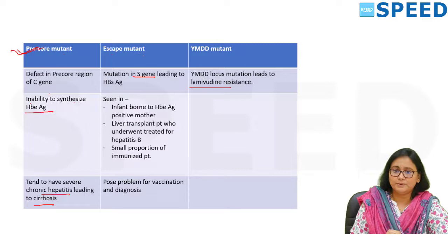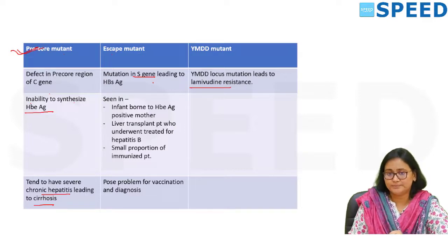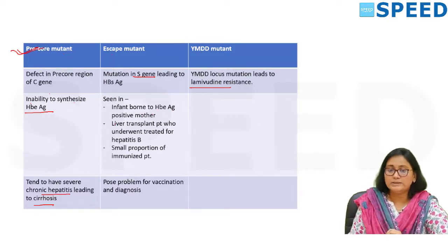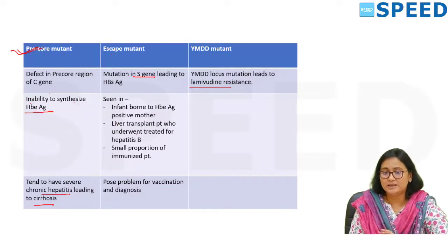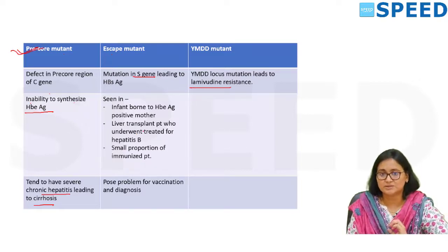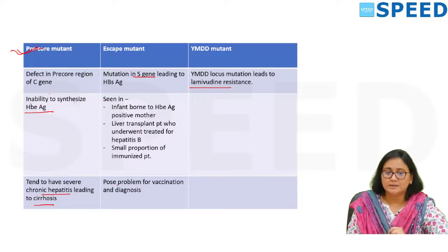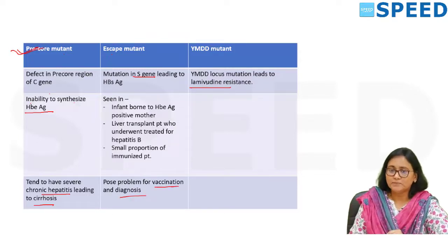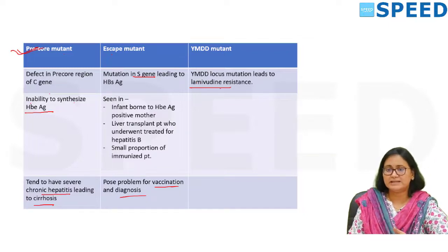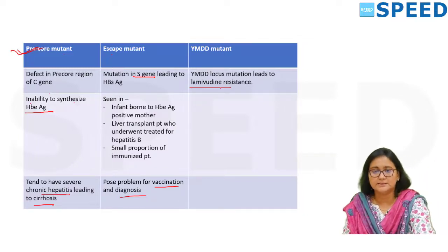If you see the escape mutant, mutation in S gene, okay, that is seen in infants born to hepatitis B e antigen positive mothers, or liver transplant patients who have undergone treatment for hepatitis B, or it can be seen in small proportions of immunized patients. So, that is your escape mutant. This might be a problem for vaccination and diagnosis, okay, escape mutant. YMDD, we saw the significance, that will lead to lamivudine resistance.